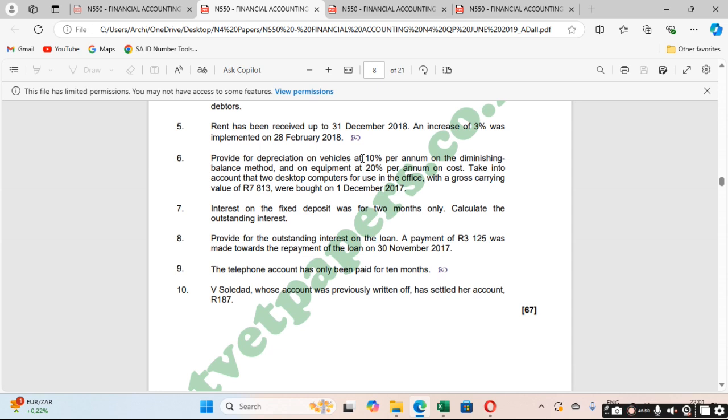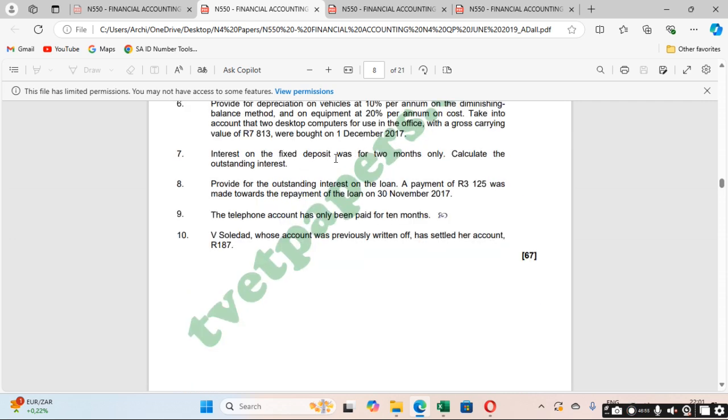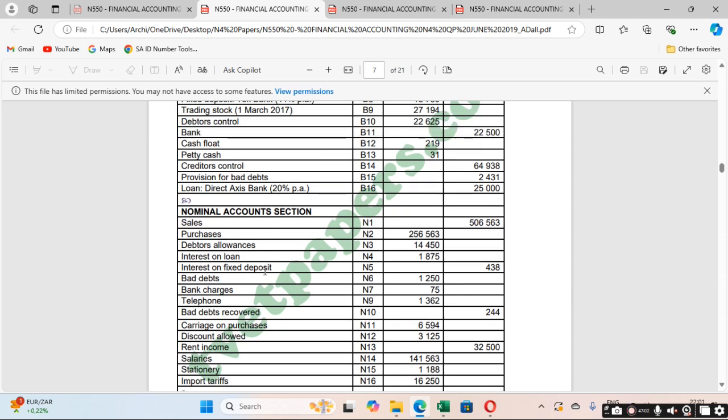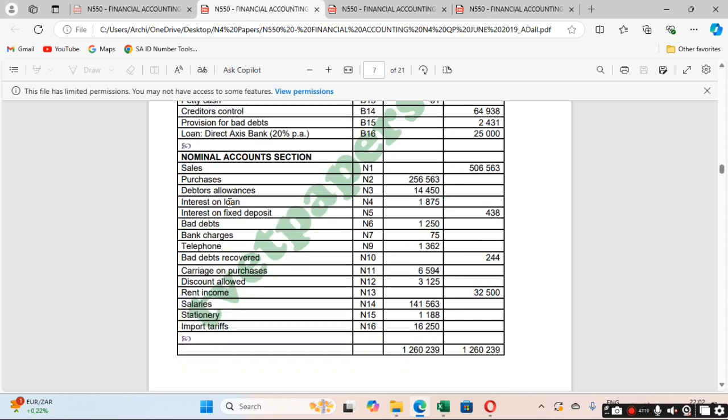Okay, so we have provision, we already know how to do that. Interest on fixed deposit was for 2 months only. Calculate outstanding interest. So you're going to go to our interest on fixed deposit. They said it's 14% per annum, so you're going to say this amount times 14%, and then you get your total amount for the year. In brackets, you're going to have this interest on fixed deposit, which is this 400.